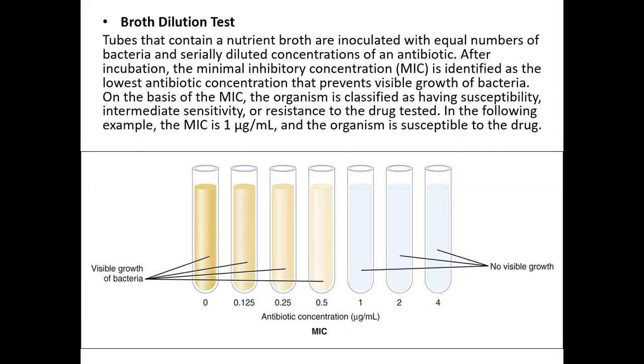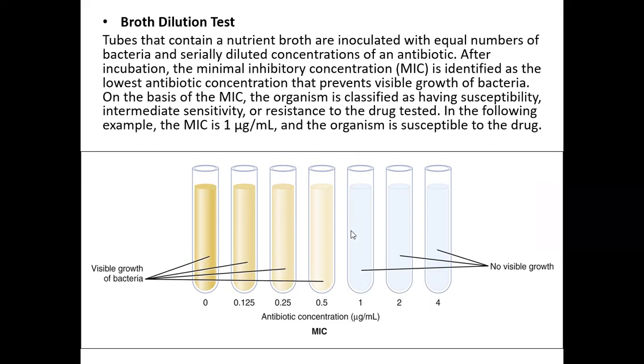One of the dilution tests is the broth dilution test, where the antibiotic must be diluted from a bigger concentration to lower concentrations, and then bacteria are put in each of these tubes, followed by a stage of incubation. After incubation we examine all the tubes and find the tubes where we don't have any visible growth.